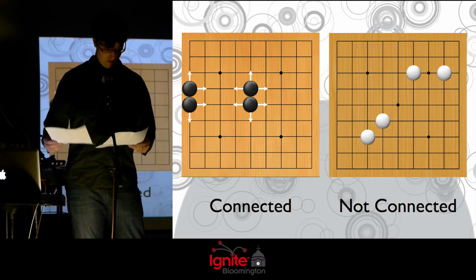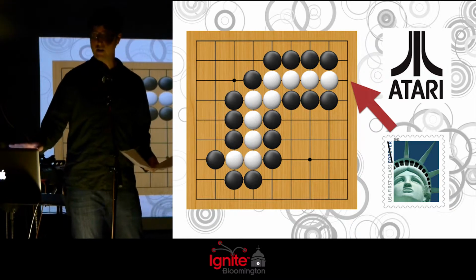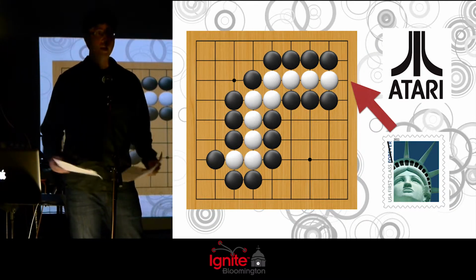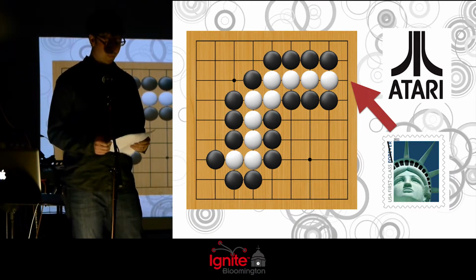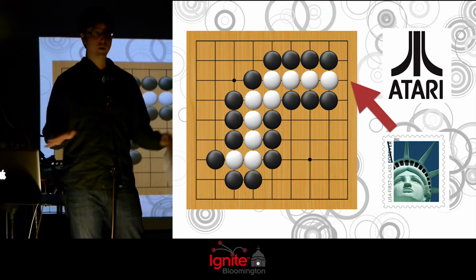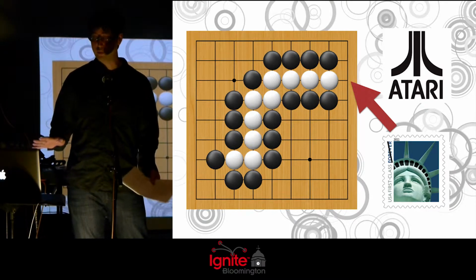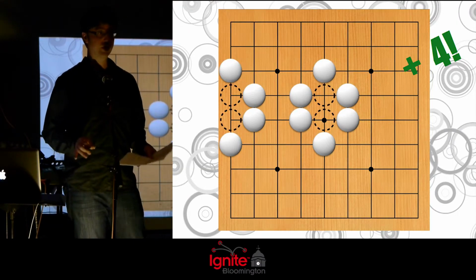So that means that this big group that you're about to see is still alive because it has the one liberty over to the side there. And when it only has one liberty, that's said to be in Atari. As soon as the opponent removes that last stone, then the whole group is captured. And every one of those captured stones is worth a point.